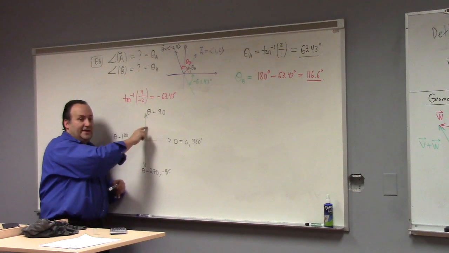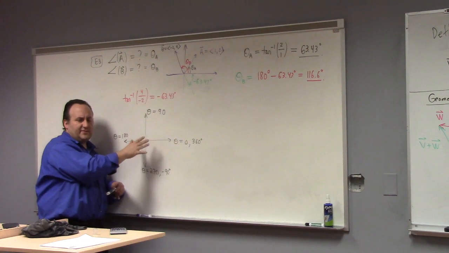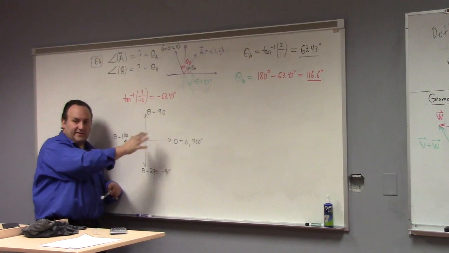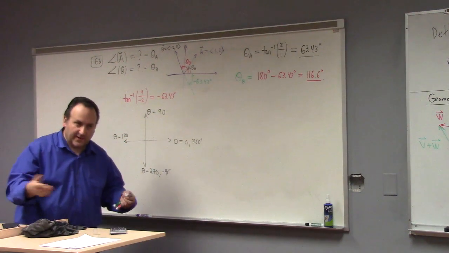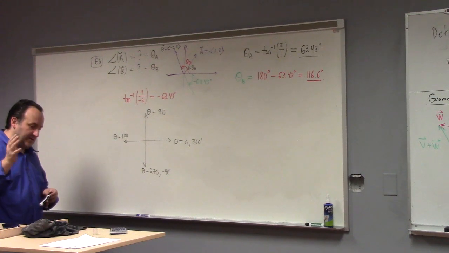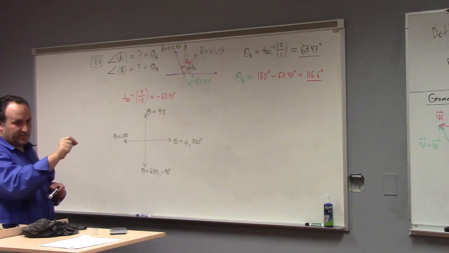Instead, you can just go 90 to minus 90, right? So we allow ourselves the flexibility of using more than one choice of angle measure, and that's just customary.